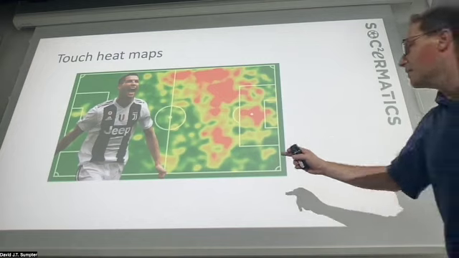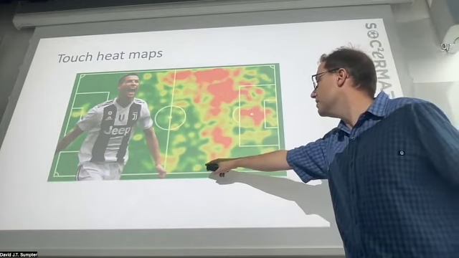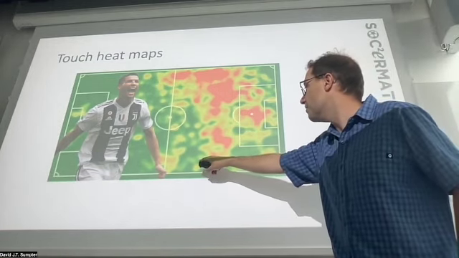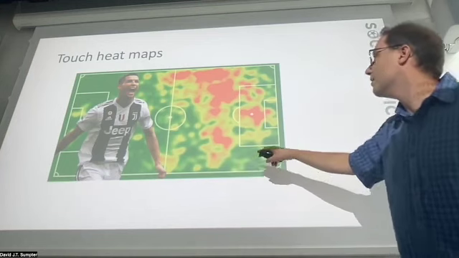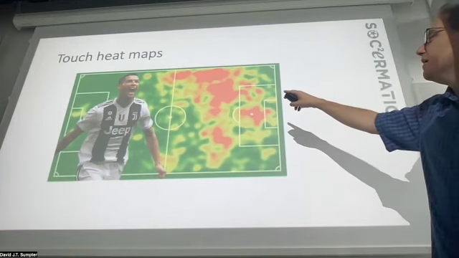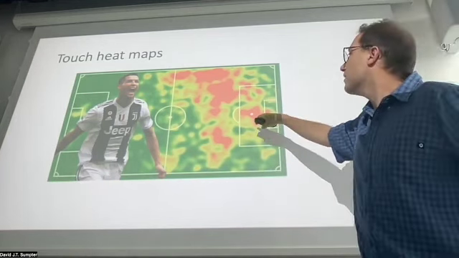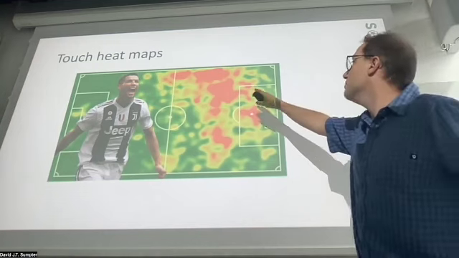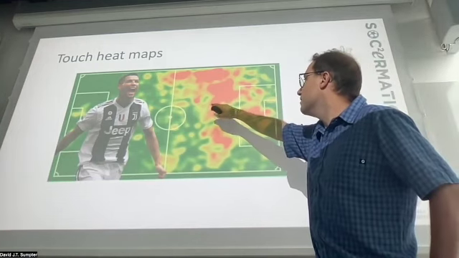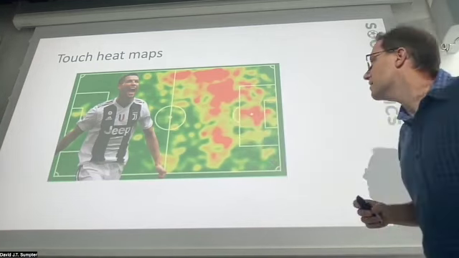It isn't necessarily the case that he made passes from these different places. He might have made one pass here where there's a kind of yellow. It really doesn't give you an honest idea of what was going on. It's very difficult to interpret exactly what it means with these very high intensity red areas and very low intensity yellow areas. So I don't like the smoothing on it. That's one problem with it.